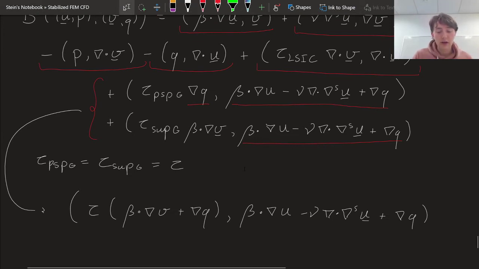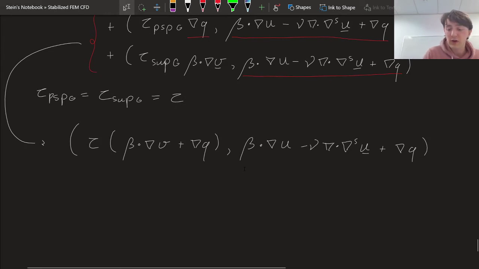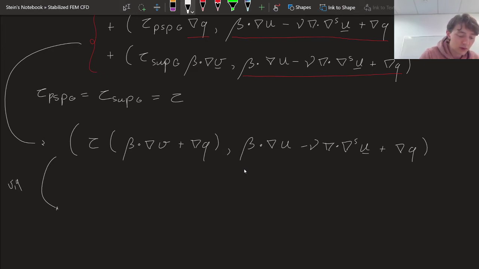And this has a nice structure to it, because if we look at the coercivity statement that we would obtain with this choice and with these terms, so with v comma q, right, the coercivity statement, however you want to address this.